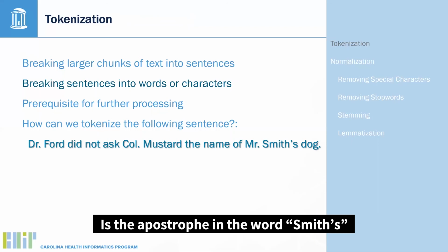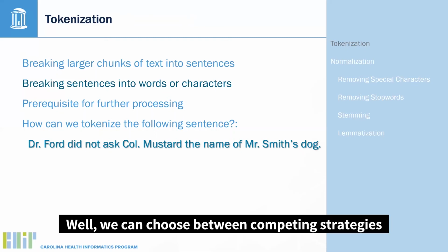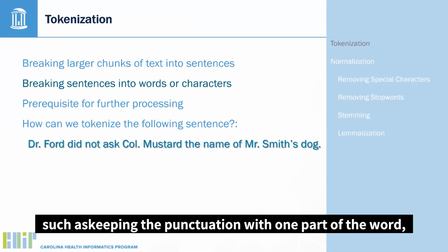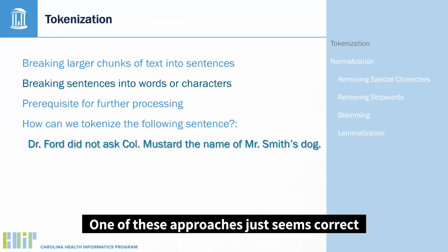Is the apostrophe in the word Smith an independent token? Well, we can choose between competing strategies, such as keeping the punctuation with one part of the word or discarding it altogether. One of these approaches just seems correct and does not seem to pose a real problem.